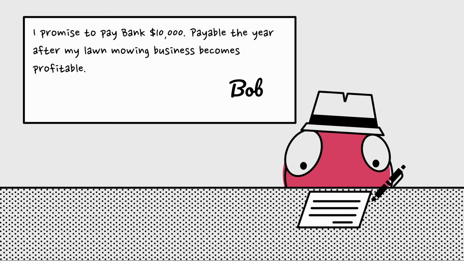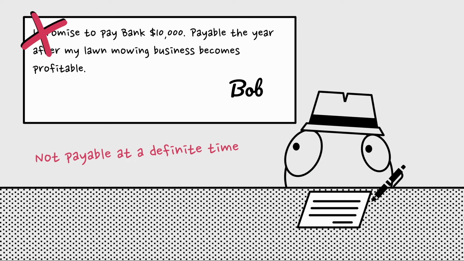Because why? How would anyone know when that is? When Bob's lawn mowing business becomes profitable. There's no way to know. And so for that reason, it doesn't satisfy that requirement to make it negotiable. It's not payable at a definite time, and it's not payable on demand. It doesn't work for purposes of a negotiable instrument.